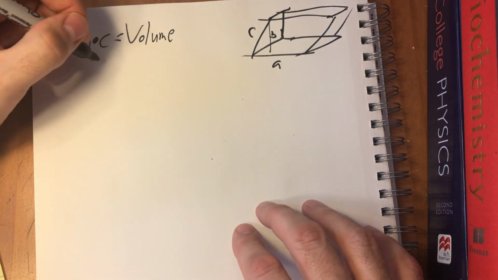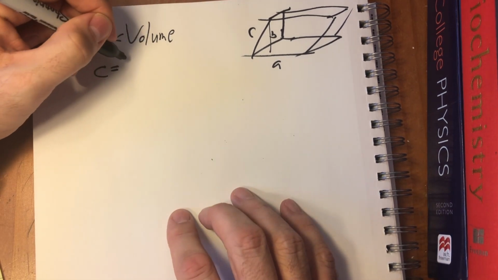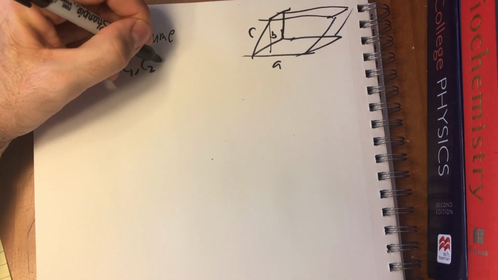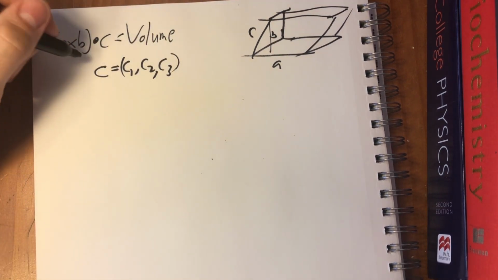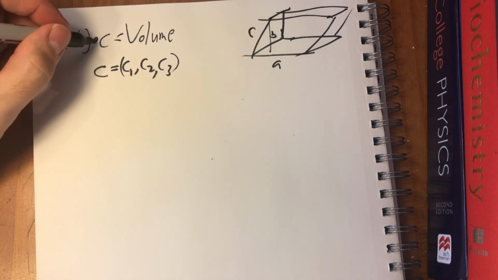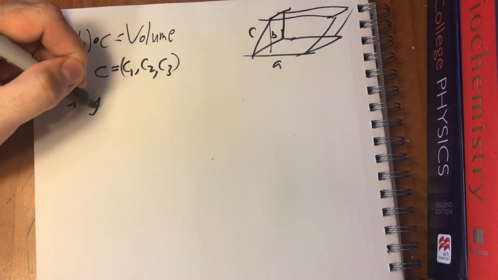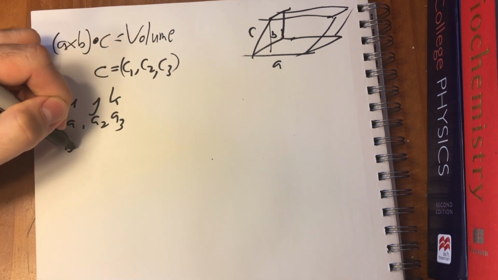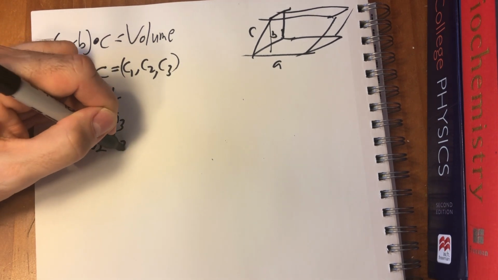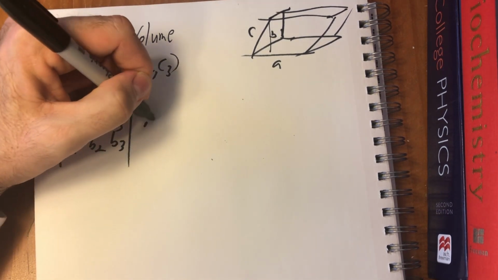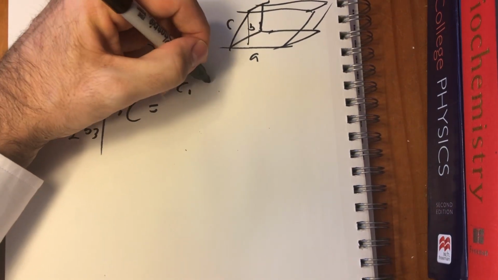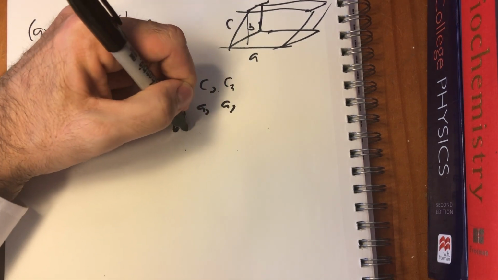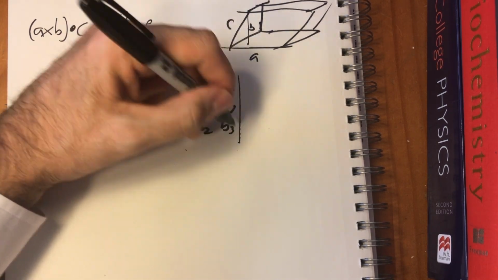And we've shown that since C is C1, C2, C3, then if we dot that with i, j, k, we get the determinant of C1, C2, C3, A1, A2, A3, B1, B2, B3.